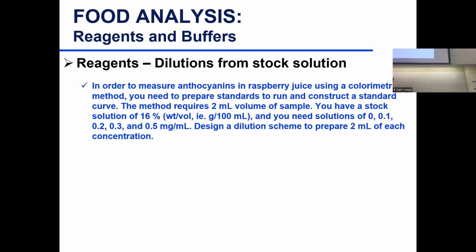So how much of that, in microliters, do I need to prepare 0.2 milligrams per ml, and then 2000 microliters, which is equivalent to 2 milliliters? And then you solve for X, and in this case, X is 250 microliters. And then you do the same for 0.3 and 0.5.